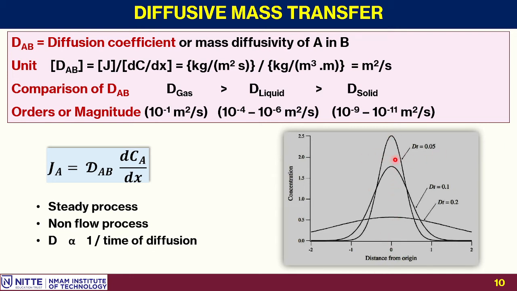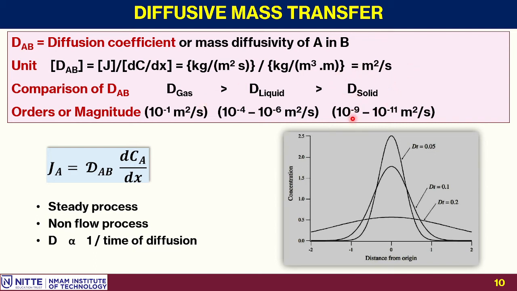How fast that particular molecule moves depends on the diffusivity, and the diffusivity multiplied by time is given here. So the diffusivity and the time of diffusion are inversely proportional. What it means is, if diffusivity is very large, time required for diffusion is very small. If diffusivity is very small, time required for diffusion is very large. The diffusivity of gas is very large, so gas molecules diffuse very fast.